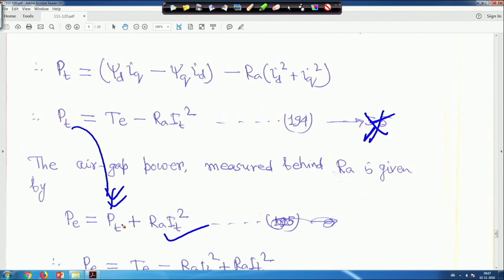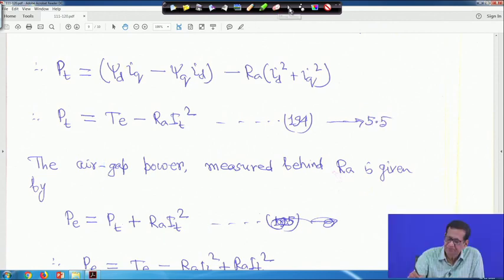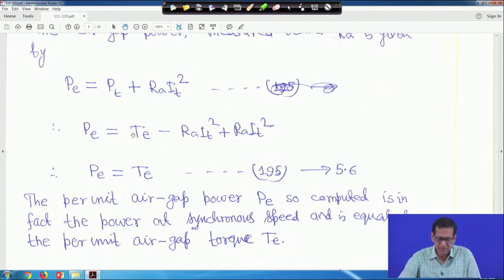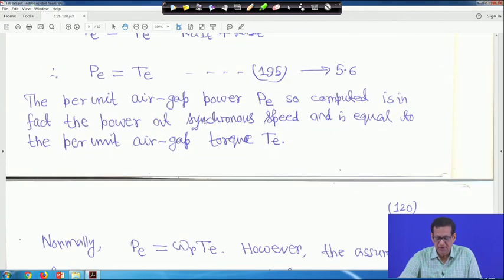Finally, you will find that P is equal to Te. If you substitute, you will get P equal to T, because minus Ra It square plus Ra It square will be cancelled. Therefore, the per unit air gap power P so computed is in fact the power at synchronous speed, and is equal to the per unit air gap torque T. So, in per unit value, power and torque are both the same.